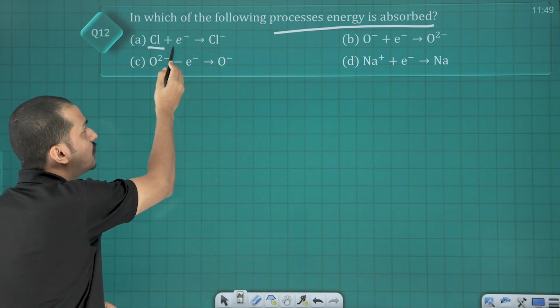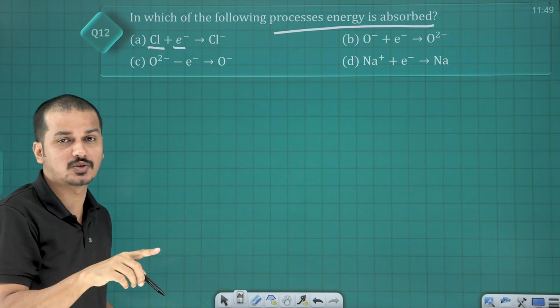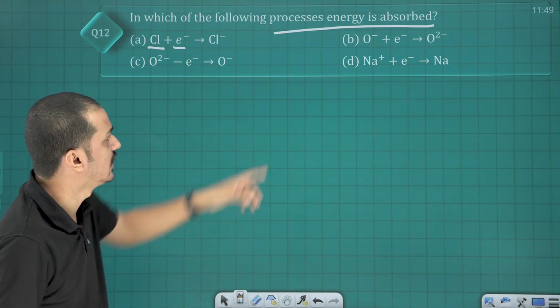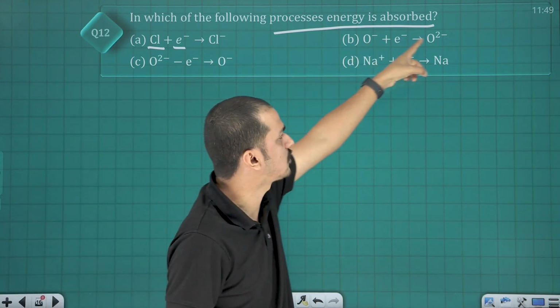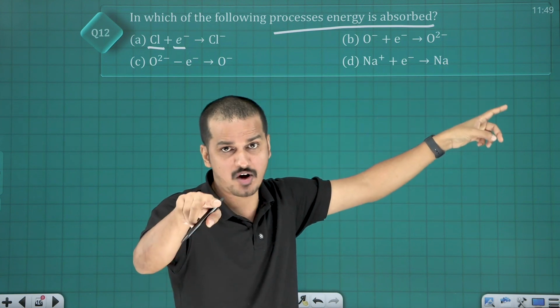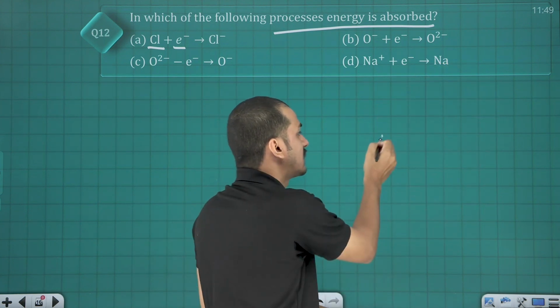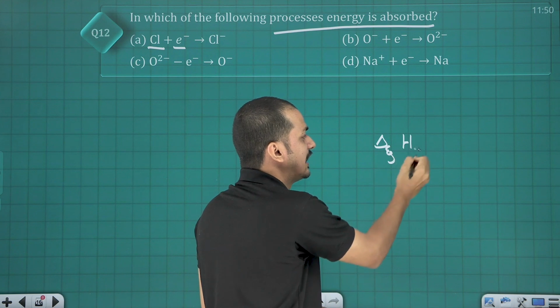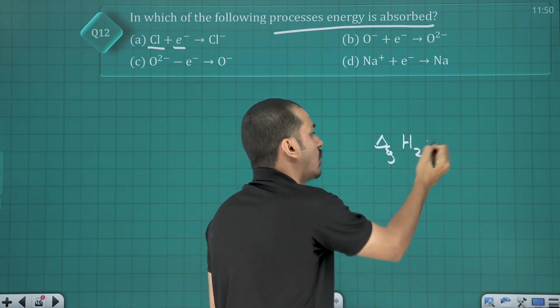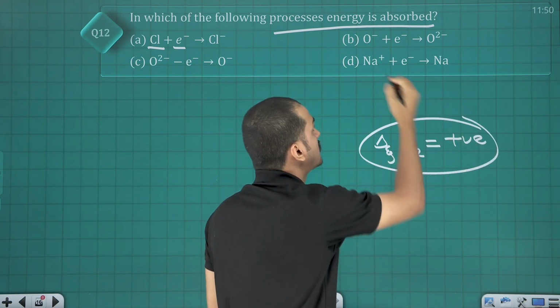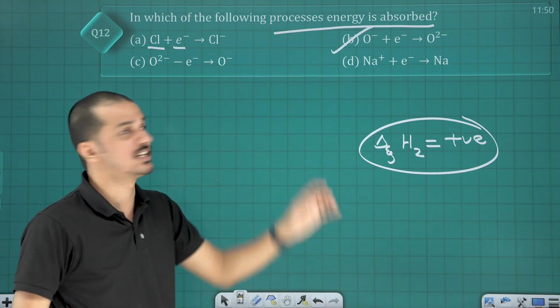To Cl, you are adding 1 electron. That is actually exothermic. They will release energy. And what about O minus plus electron giving O2 minus? Second electron addition. The second electron gain enthalpy is always positive because electron repulsion will be there. Answer is B.